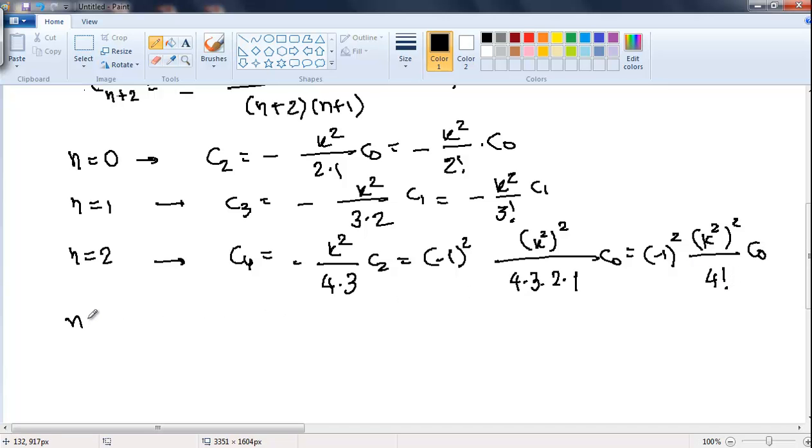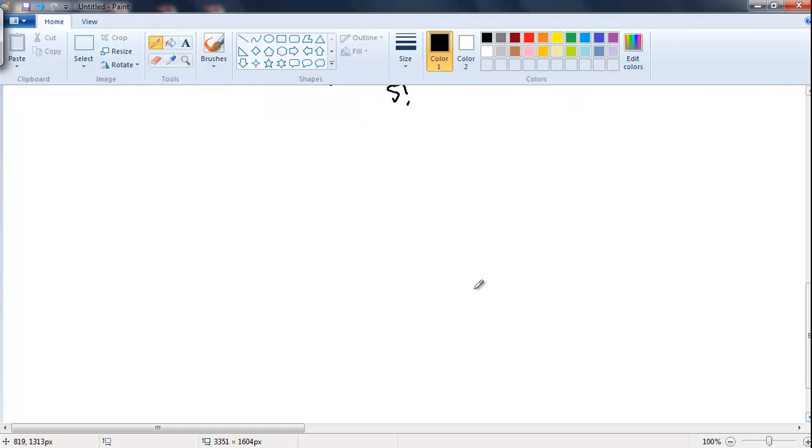and this is (-1)² k⁴ over 4 factorial c0. In the same way, we find for n equals 3 that c5 equals minus 1 k⁴ over 5 factorial times c1. So you see a different behavior of the coefficients related to whether the index is even or odd. So let's have two cases.